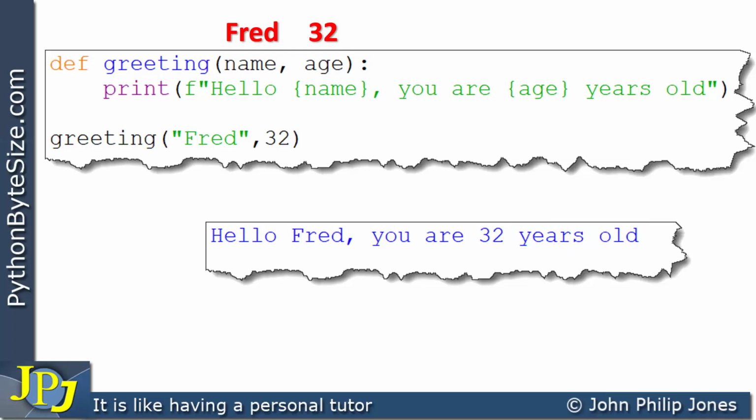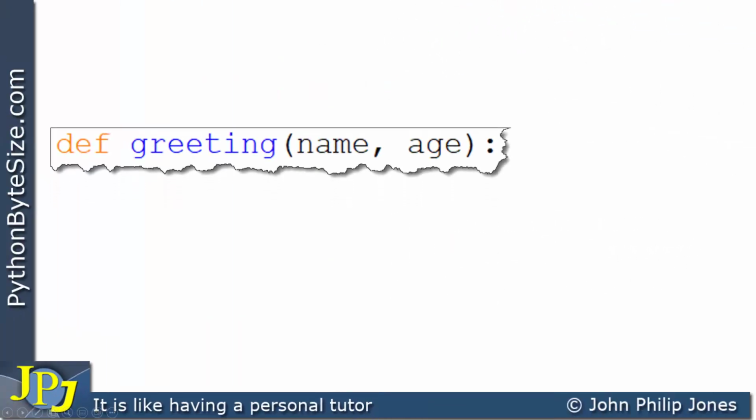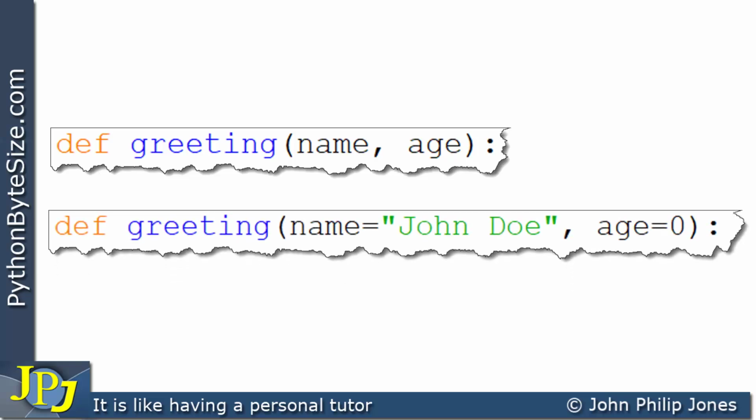On the next slide, I'm going to take a close look at this header of the function, and I'm going to look at the two parameters here, and I'm going to set them to a default value. So let's move on to the next slide. Floating into view, we can see the header of the function that we've been using in this video. I'm now going to alter this as shown by the next header appearing.